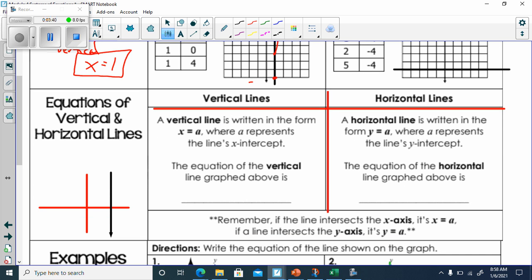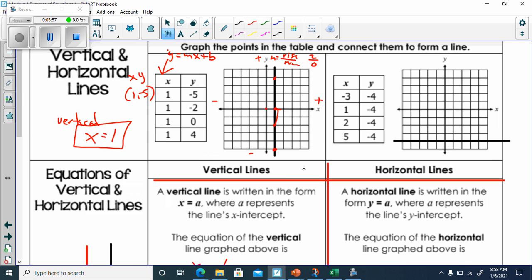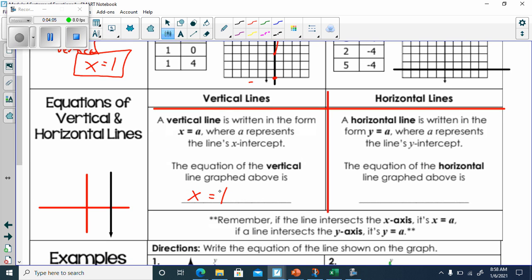A vertical line is written in the form x = a, where a represents the line's x-intercept. The equation of the line shown above was x = 1. See, it's right here where it intersects the x-axis. And the axis it intersects is the one you say is equal to. x = 1.